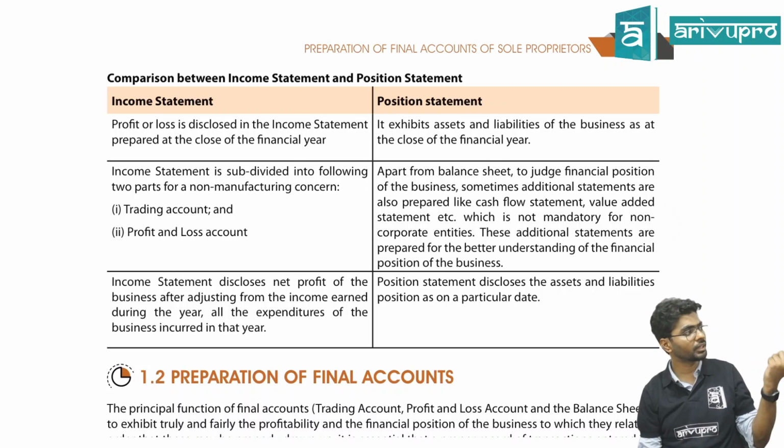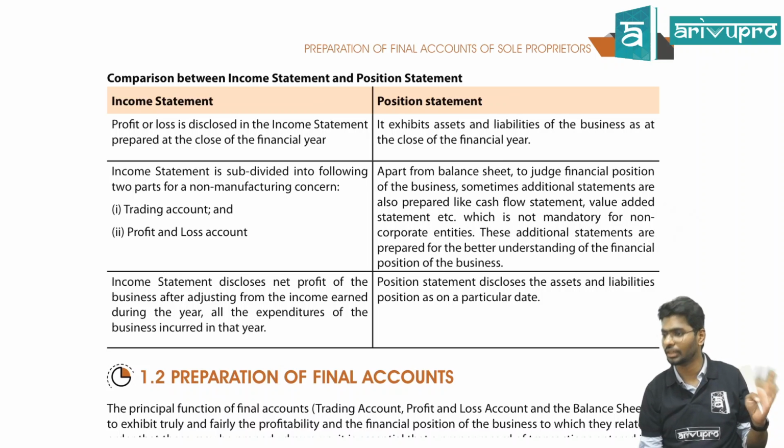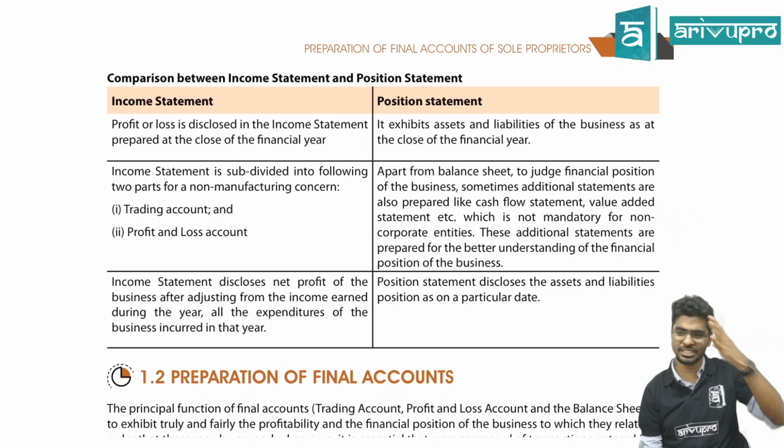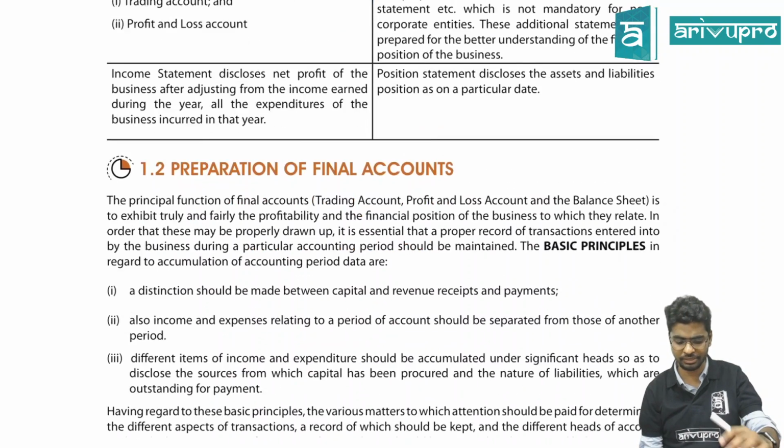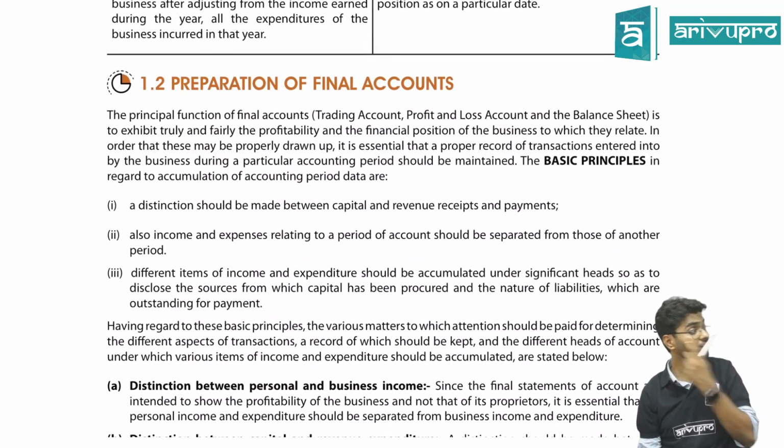The income statement has 2 parts, trading and profit and loss account, whereas the balance sheet only has what? Categories of assets and liabilities. Income statement discloses the net profit of the year. Position statement discloses the assets and liabilities. It's the same thing again and again they've told you guys. We have already covered this. This is just a recap.